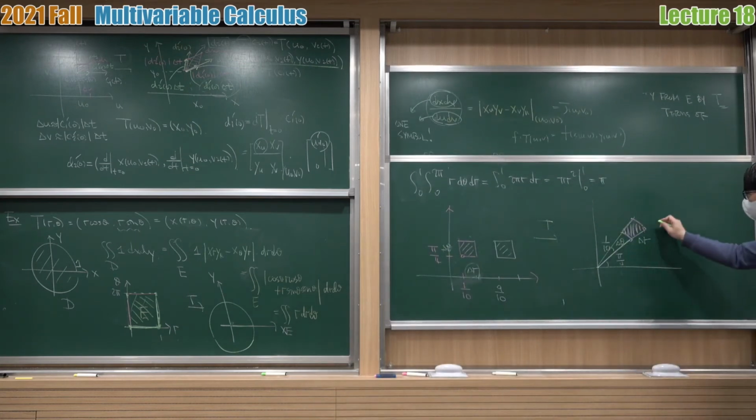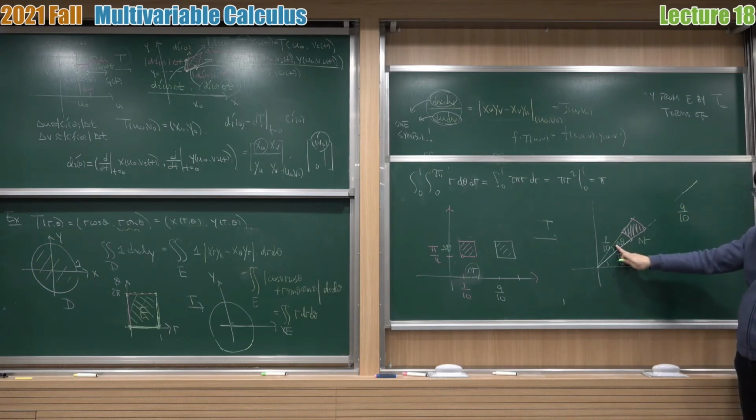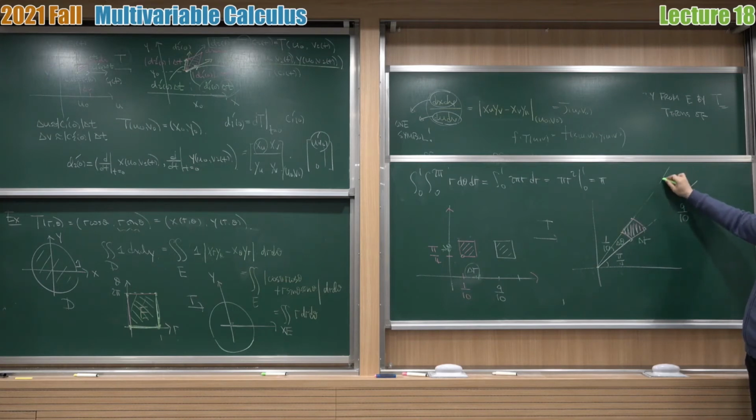So you're far away, like here, right? And let's say this is now 9/10, and then you have the same increment of theta, then you have a quite larger pie here.